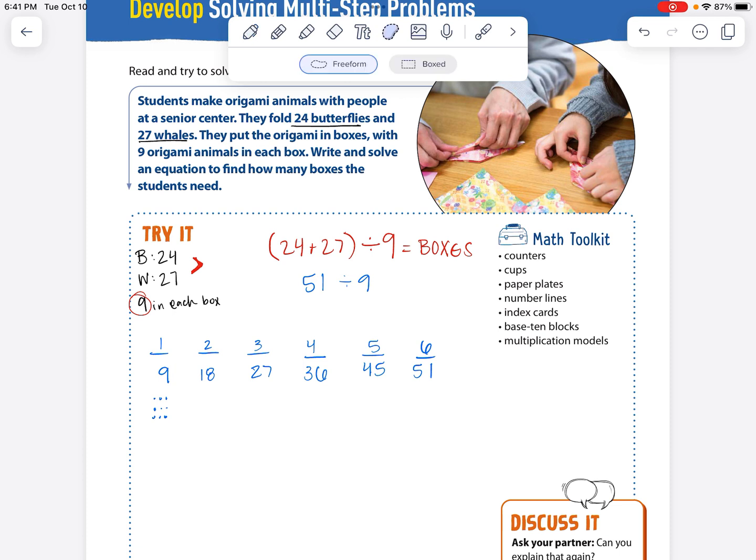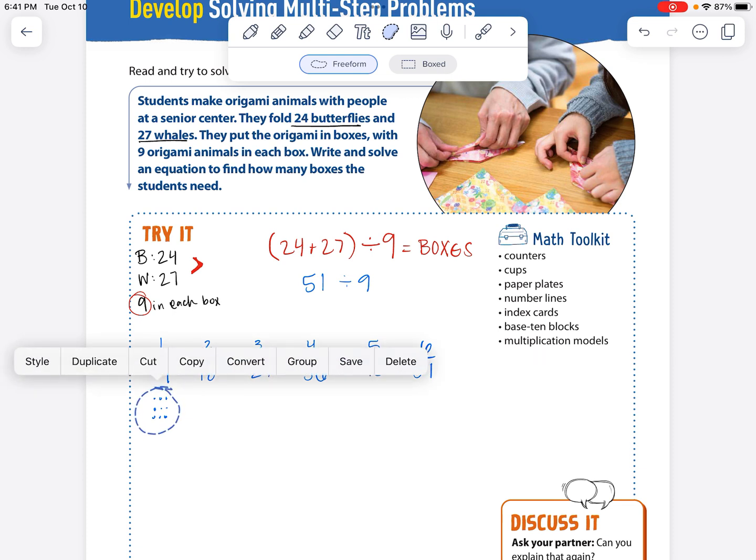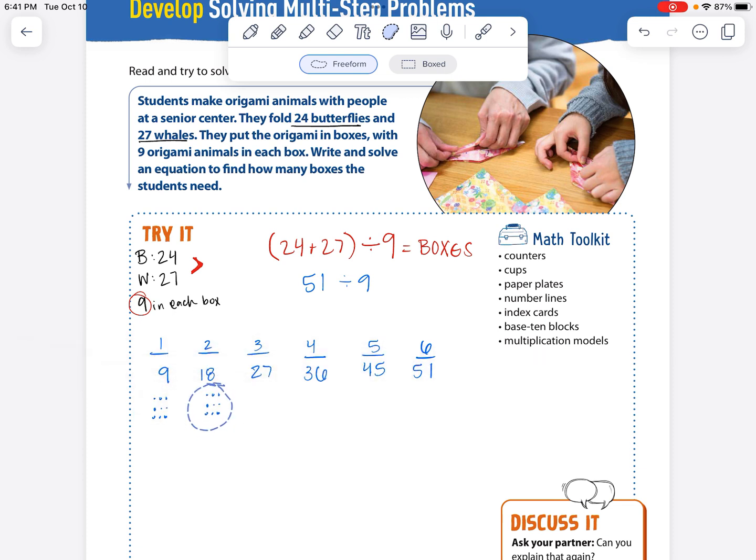That's one group of 9. Here's another group of 9. Another group of 9. Another group of 9. Another group of 9. But how I get from 45 to 51 is not 9. How I get to that is 6.